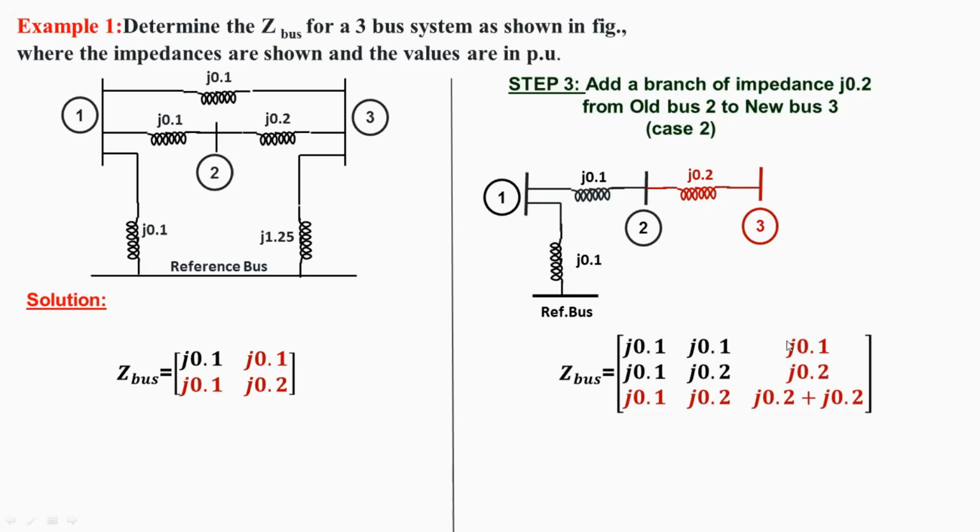The column elements are copies of the last column elements, and the row elements are copies of the last row elements. The diagonal element is equal to the previous diagonal element plus the new branch impedance, j0.2.